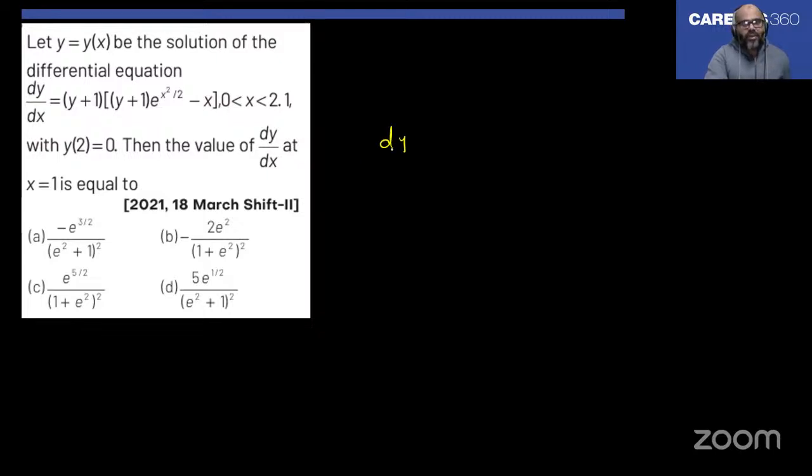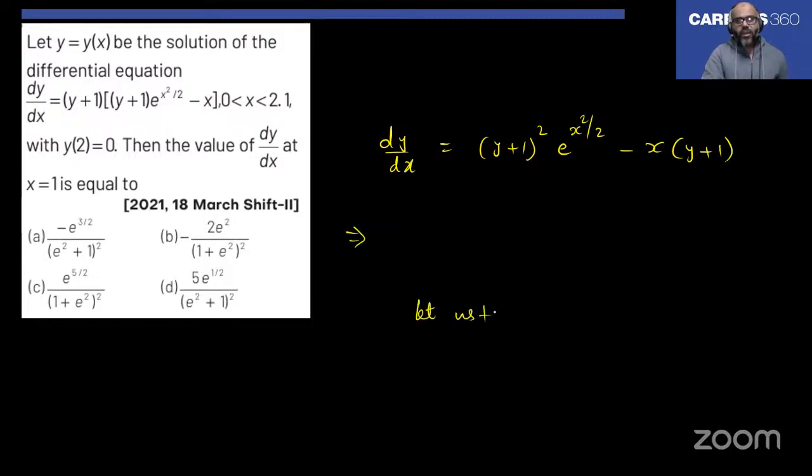So we can write it as dy by dx is equal to (y plus 1) whole square after opening the bracket, into e to the power x square by 2, minus x into (y plus 1). Now let us take y plus 1 is equal to t.